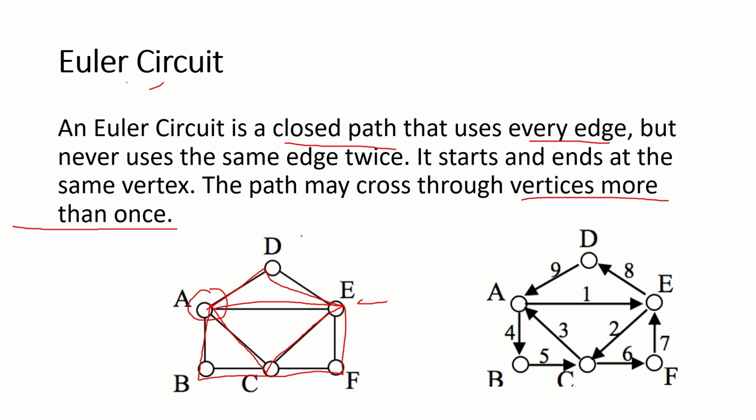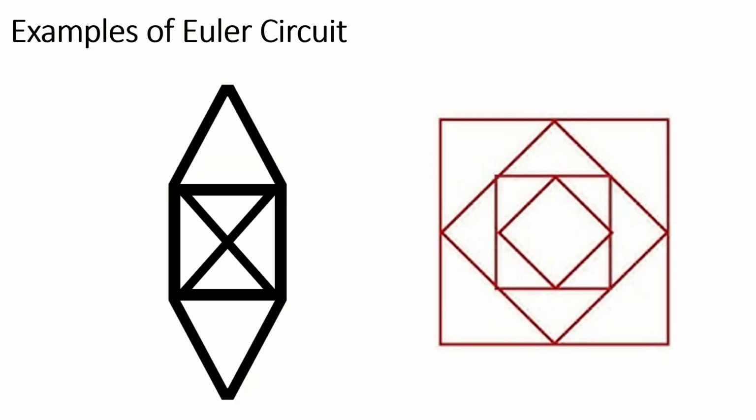Take note, we did not cross or use an edge twice. But of course, when it comes to vertices, we have used some of the vertices more than once. So our concern here is only the edge, that the edges must be crossed or used exactly once. So examples of Euler circuit are these two.